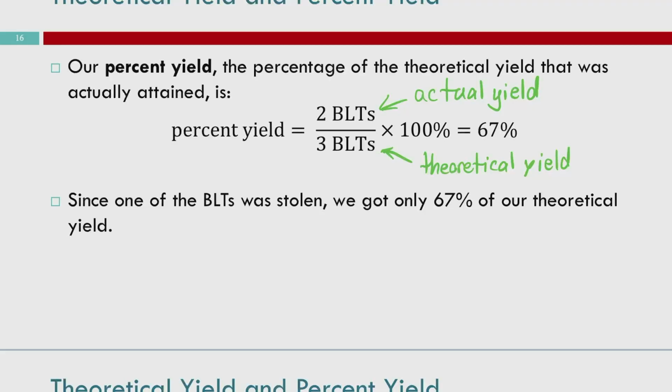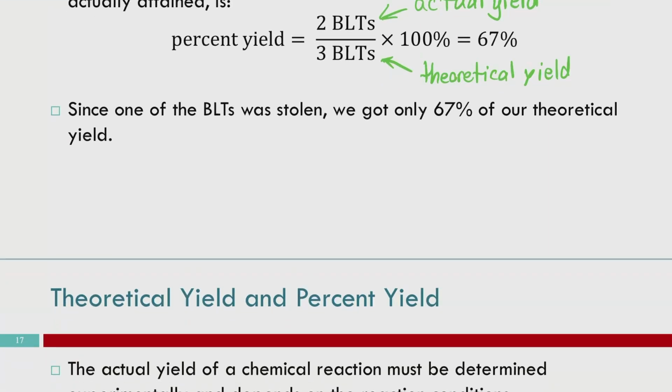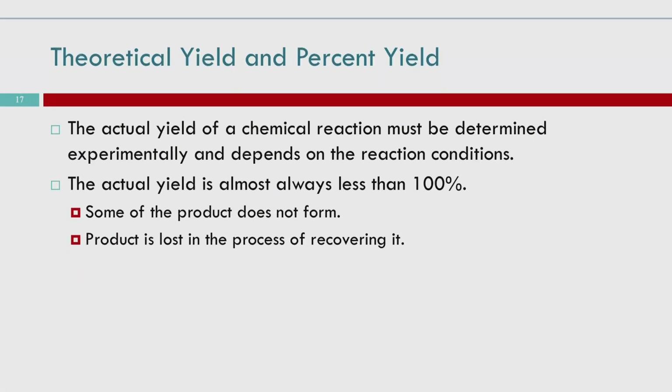If we need to make 15 BLTs, but only 67% of them turn out right, we're not going to buy ingredients to make just the amount that we're trying to hit. We're going to buy extra ingredients because we know we're going to lose some, because we're snacking, because our dog steals some, because we burn the bacon, etc. So that's how we would use this in a real-world lab scenario.